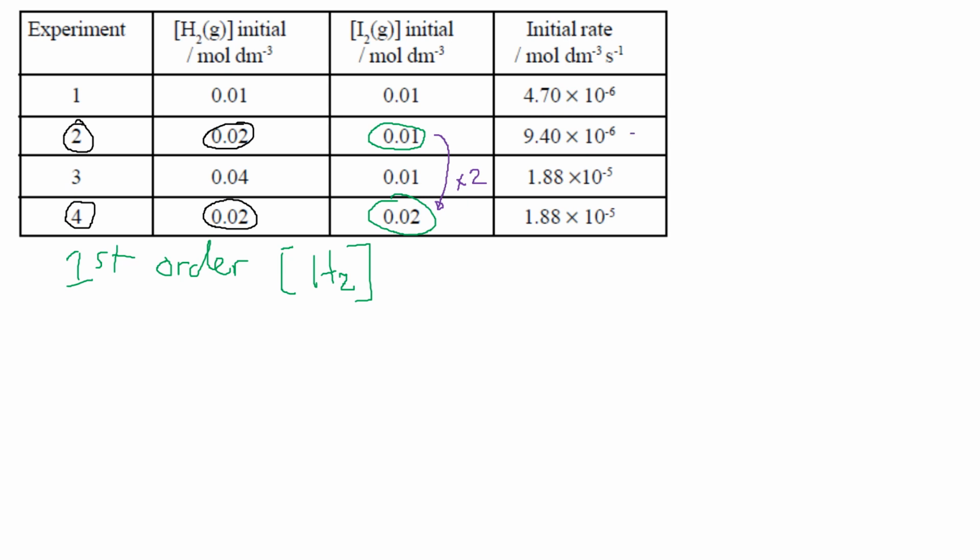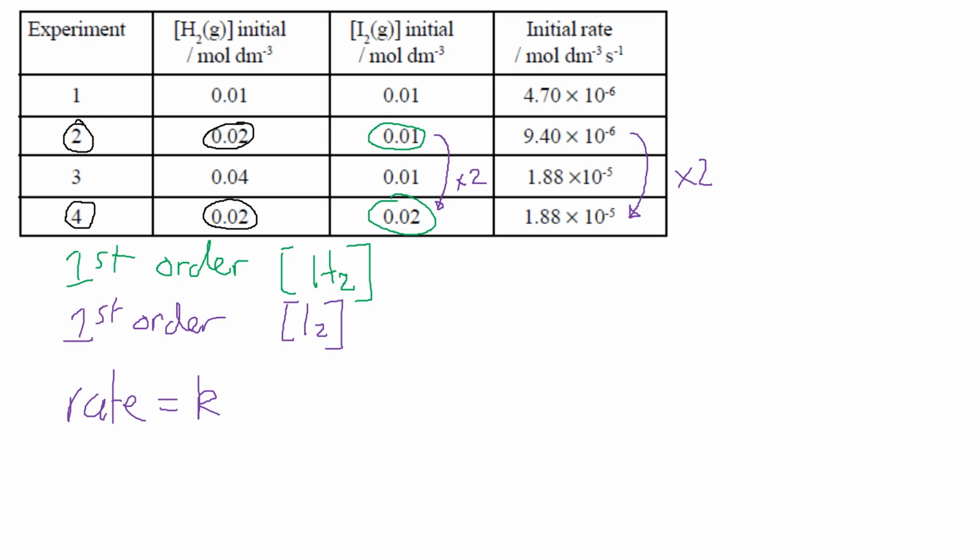And as a consequence, the rate doubles, and therefore it's first order with respect to the iodine. So our rate equation is rate equals K times the concentration of the hydrogen times the concentration of the iodine.